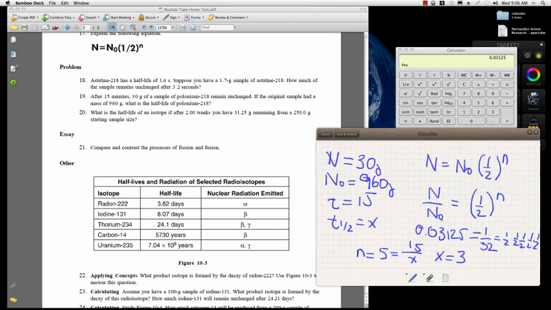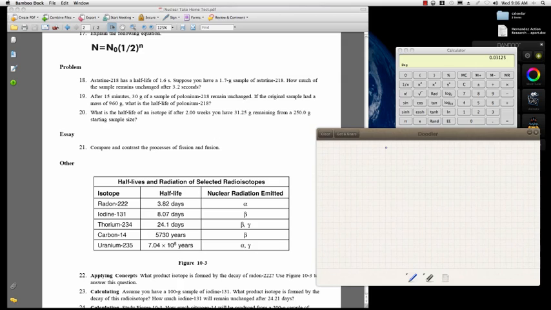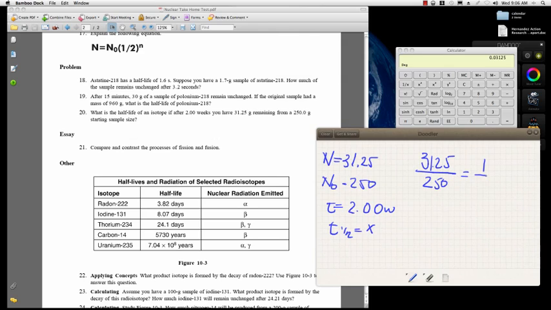All right. The next problem, number 20, is very similar. In number 20, we're also solving for half-life. So we have N is equal to 31.25. Then we have N original is 250 grams. Then we have a T of 2.00 weeks. And we're looking for T1/2 as our X. So now we know that we do 31.25 divided by 250 is equal to 1/2 raised to the nth power.